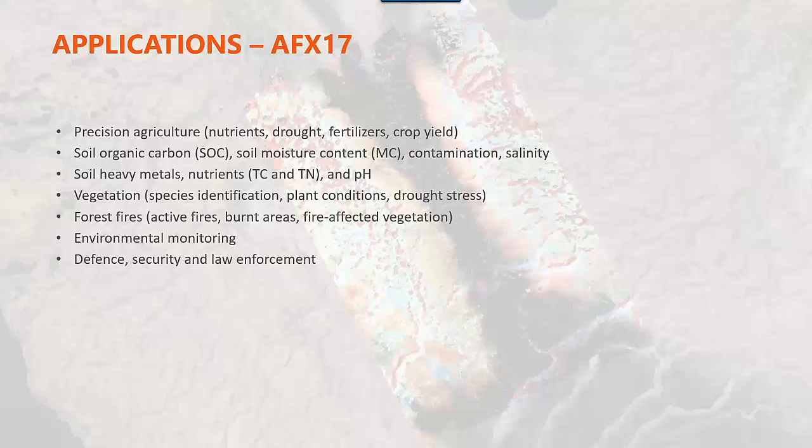On vegetation species identification, the NIR range provides deeper information, for example, on the leaf structure. And we've all heard in the news during the last year or so that forest fires are becoming more common, for example, in Australia and the US. AFX17 can be used to analyze active or starting fires and also the burned areas and fire affected vegetation state.